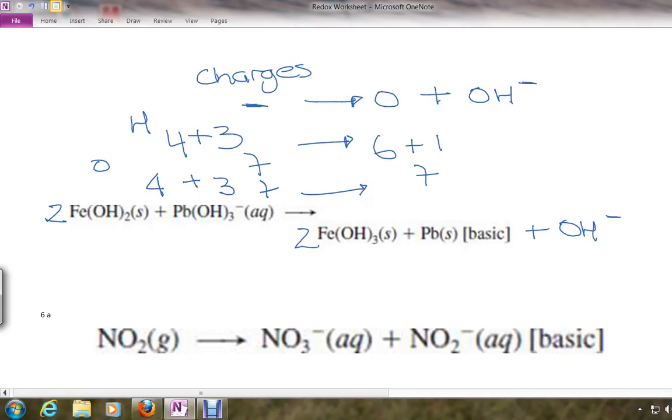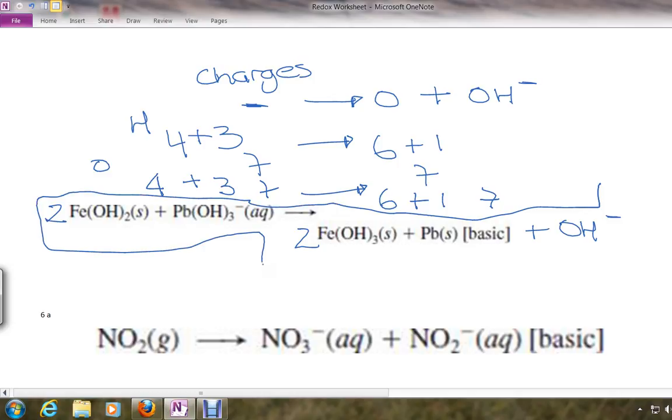And on the right side, we got 2 by 3, 6 plus 1, 7. So this equation is not going to need water to balance the oxygens and the hydrogens.